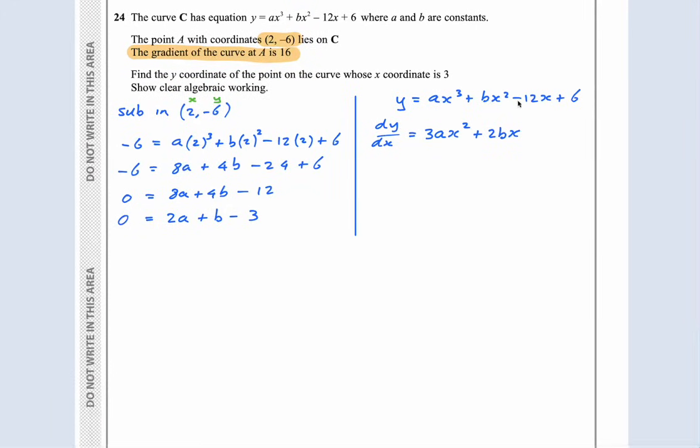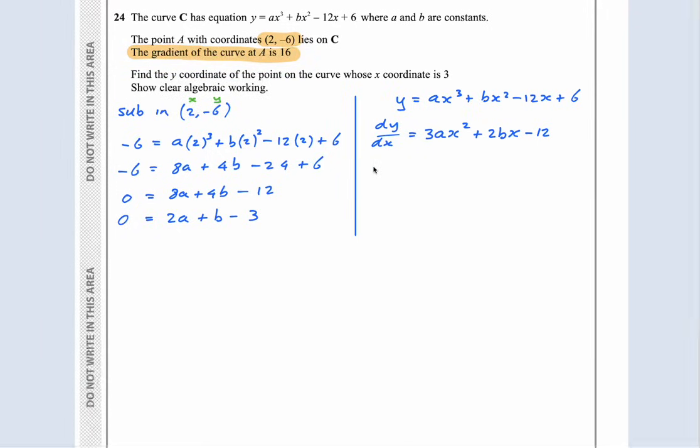We subtract 1 from the power, so it's just to the power of 1, which means we just leave it as x. Here, minus 12x, we multiply by 1, which is minus 12, subtract 1 from the power, which is 0, x to the power of 0 is 1, so minus 12x just becomes minus 12, and the 6 cancels because the derivative of a constant is 0. Okay, so now I have the derivative.